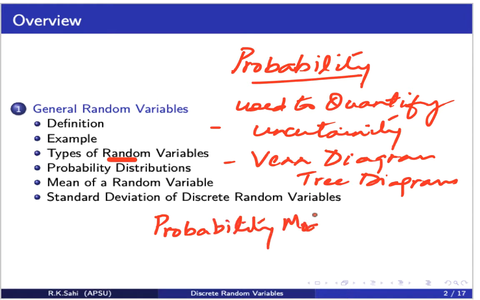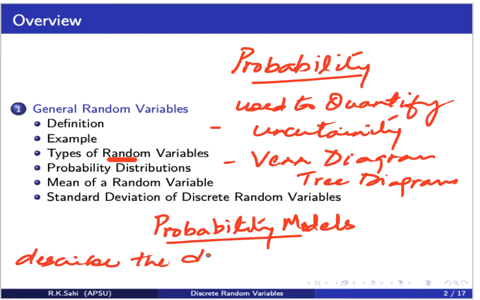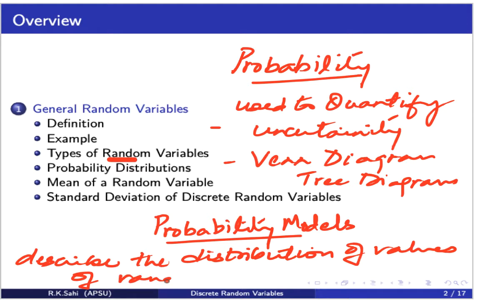These probability models, in the session today, will describe the distribution of the values of the variables, and these are the random variables. So I'm just giving you a little overview of what things are going to be happening. But remember, everything is concerned with some form or the other of probability here. It's the study of uncertainty.